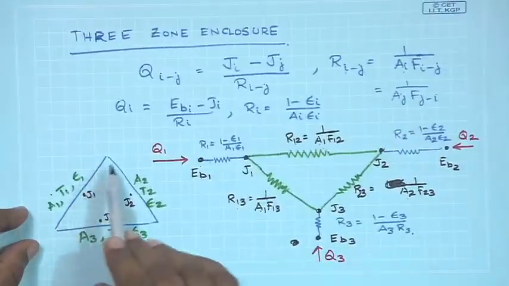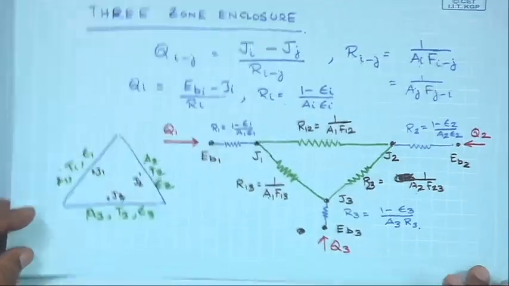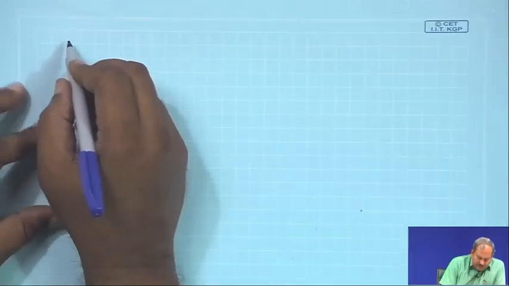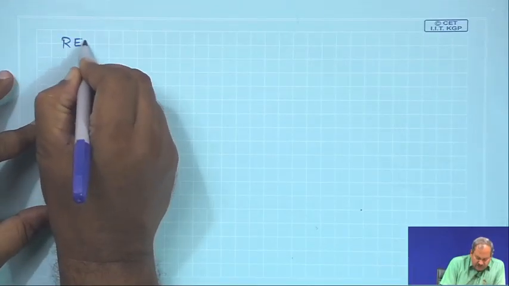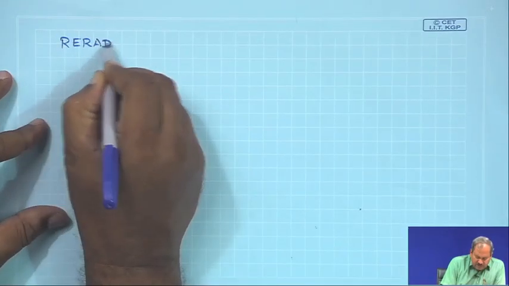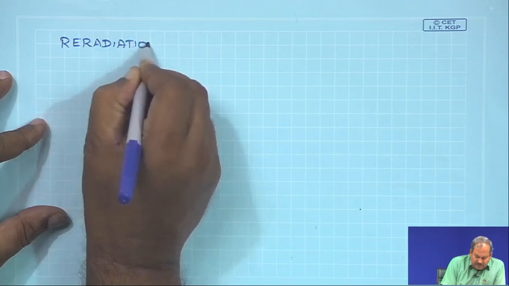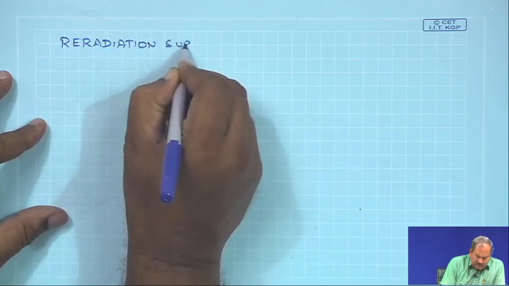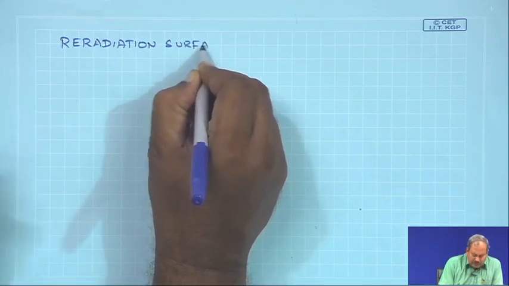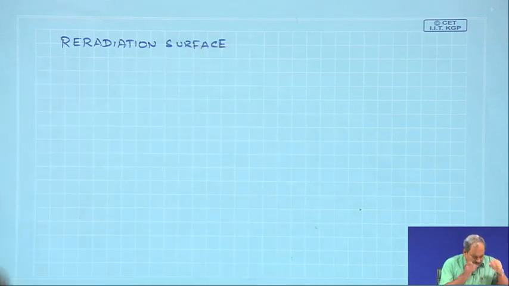So, if one of these surfaces is perfectly insulated, that is known as the re-radiating surface, and a simplification can be made for the case of a re-radiating surface.